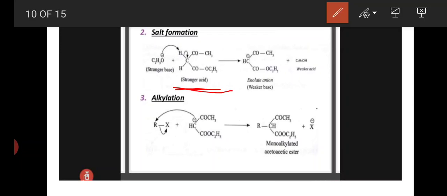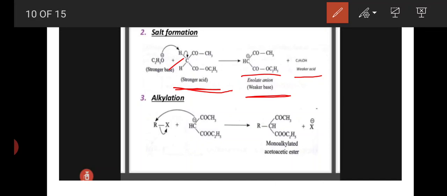In the presence of this base, one of the alpha hydrogens or active methylene hydrogens comes out and forms this enolate anion. This enolate anion is a weak base, and it loses C2H5OH, ethyl alcohol, which is also a weak acid. A strong base and strong acid react with each other and form one enolate anion, a weak base, and a weak acid.